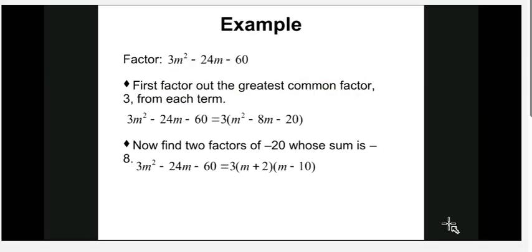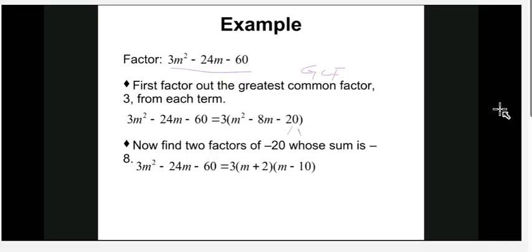Okay. Another example, when we have a common factor here, we call GCF, greatest common factor. We need to take out the common factor first. So we take out 3 in here, and then we have m squared minus 8m minus 20. And then we're going to do the same way as we did earlier, okay? Find the two numbers.